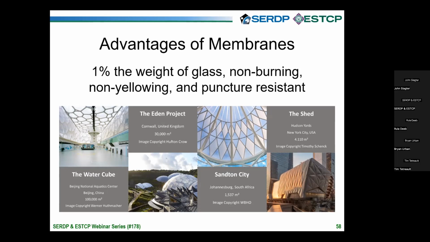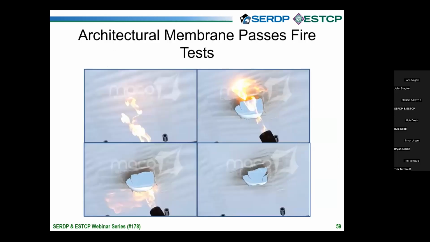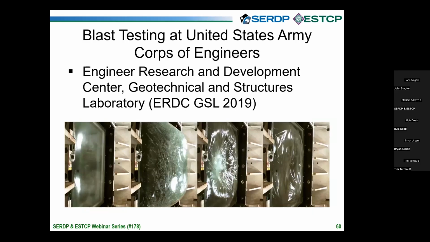So we developed a process to make this hazy material clear, and that way we were able to use it in our product. Another feature that's attractive is that these materials are non-flammable. They are self-extinguishing, so it will not burn when exposed to a flame. And we did really well on blast testing at the ERDC laboratory in Vicksburg, Mississippi.